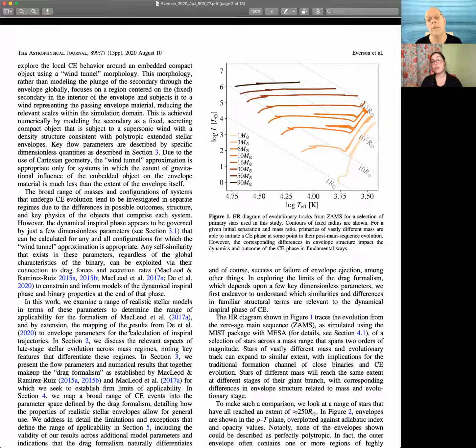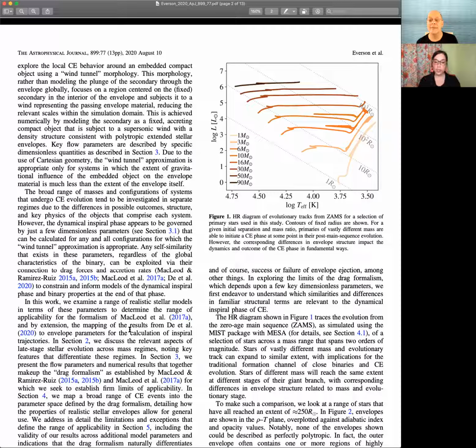For example, if we're starting our common envelope event at 100 solar radii, we could have any given mass ratio for these different primaries, and it's going to look a little different in our in-spiral because their structure is going to be different, because the way they evolve is different. It affects everything from how much mass is held in the envelope to what the structure of the core-envelope boundary is like. All of these things end up playing a role.